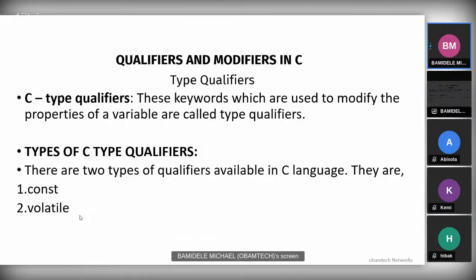C type qualifiers are keywords which are used to modify properties of a variable. Type qualifiers are also used to modify properties of a variable, and there are two types: the const type qualifier and the volatile.